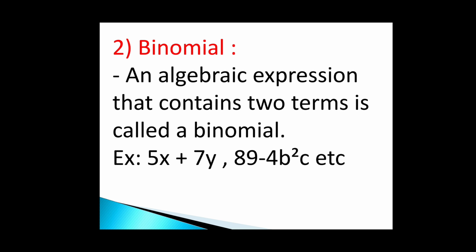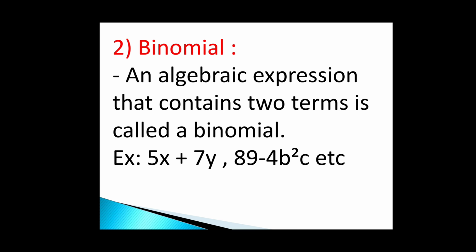5x plus 7y. See children, plus and minus act as a separating factor for my algebraic expression, so it separates the terms. See here, 5x is one term, 7y is one more term. There is a plus in between. That's why I say 7x plus 5 is a binomial, because there are two terms separated by a sign.